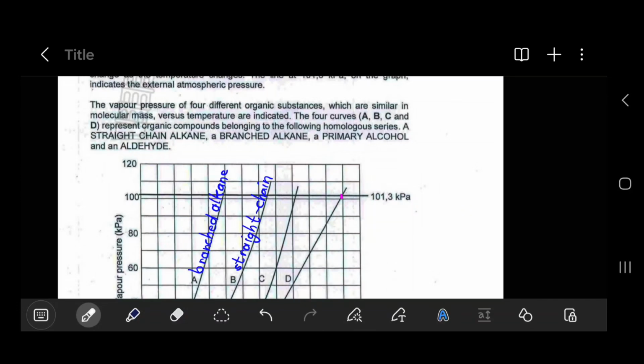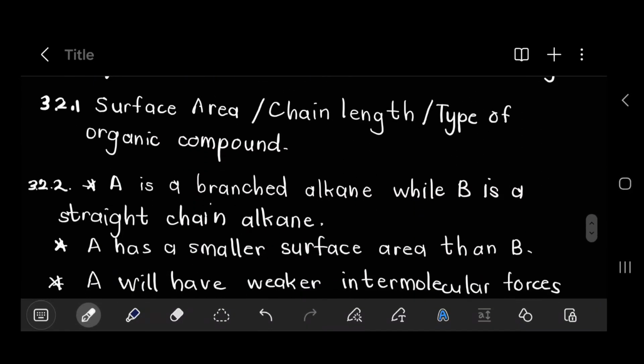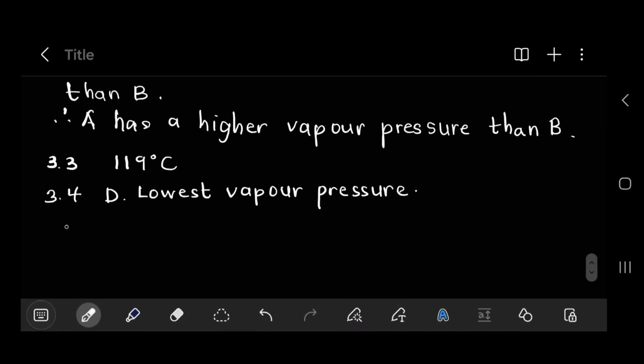But because they belong to different homologous series, what needs to be kept the same has to be their molecular mass. So they need to be the same size. They need to be a comparable size so that we can actually compare them together. So what should be kept constant for C and D is molecular mass.